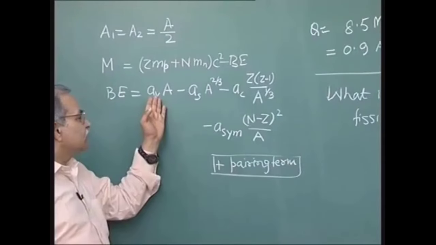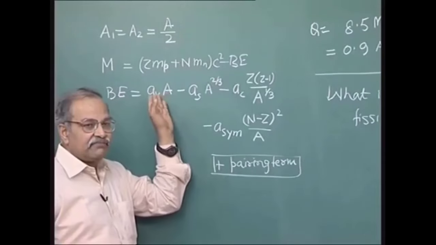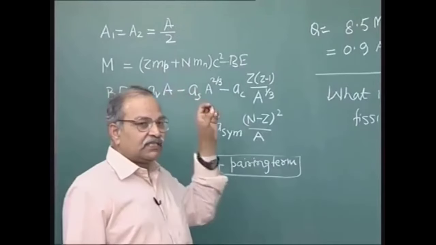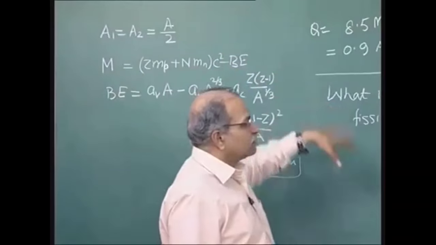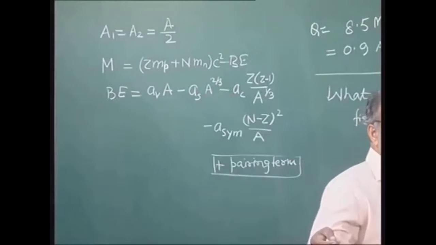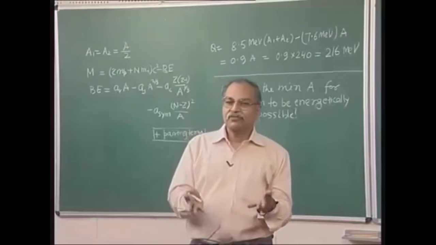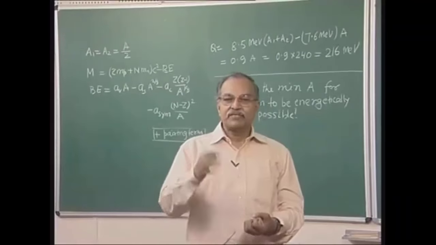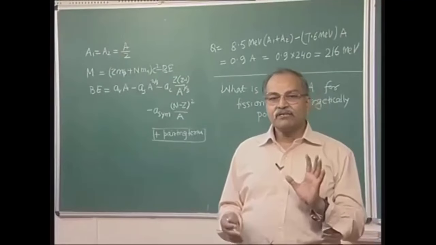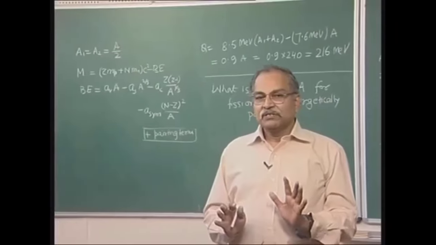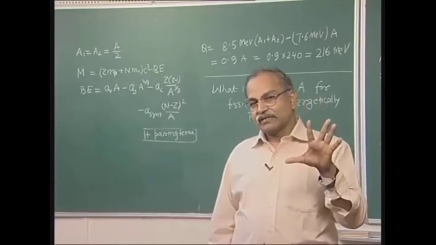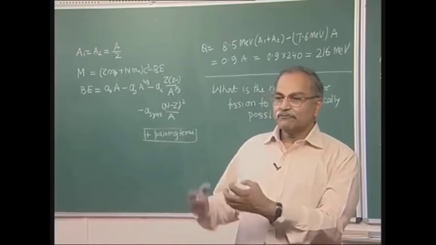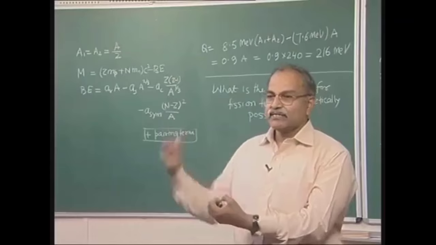In the volume term, this is Av times the number of nucleons. The event is a splitting, but the total number of nucleons remains the same. So, Av times capital A will remain the same. Before the event, it is Av times capital A, and after the event you have two nuclei, A by 2 and A by 2.